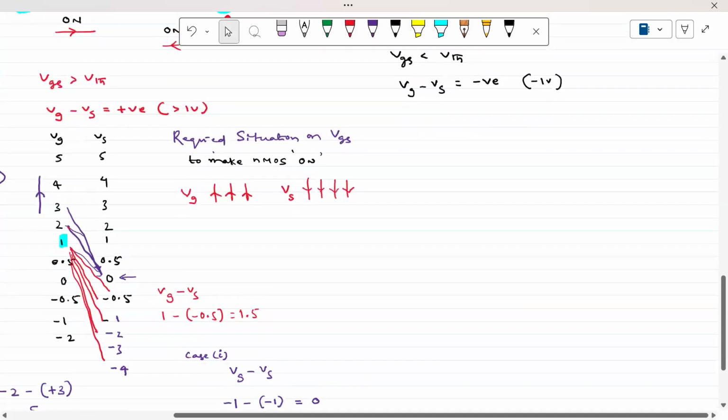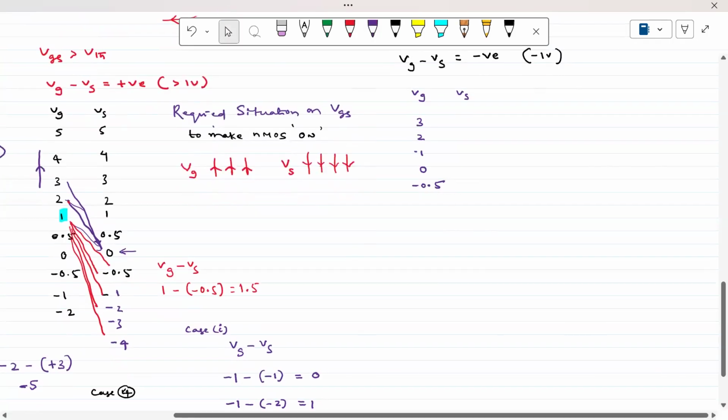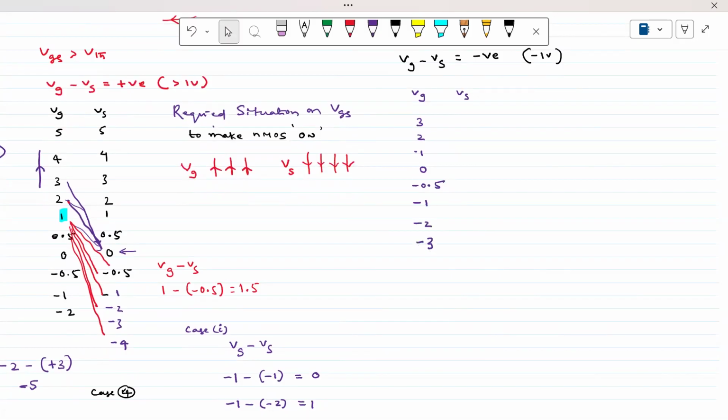Let us consider VG and this is VS. For example, 3, 2, 1, 0, -0.5, -1, -2, -3. Here also 3, 2, 1, 0, -0.5, -1, -2, -3.